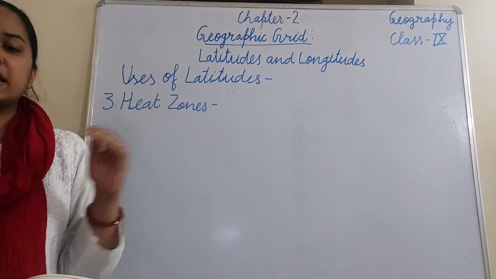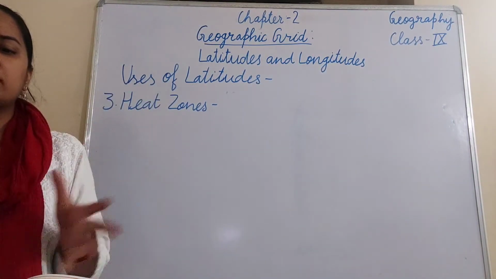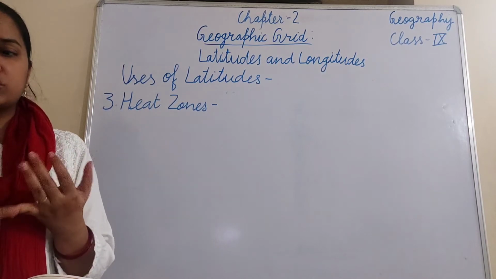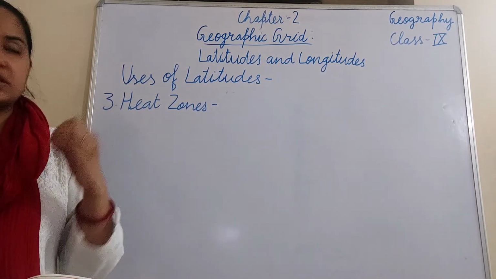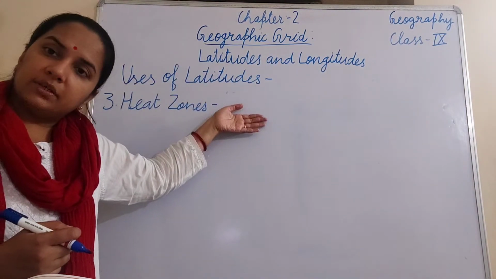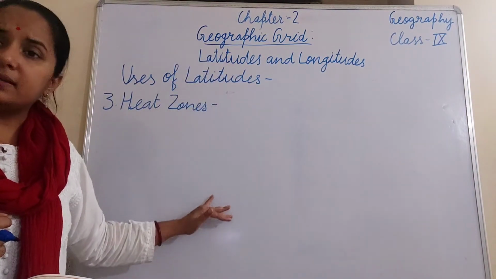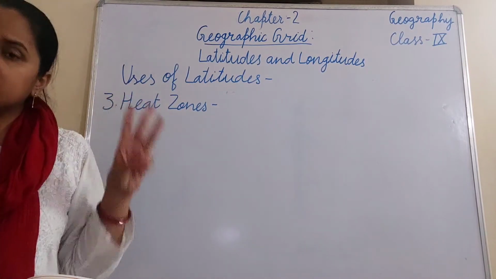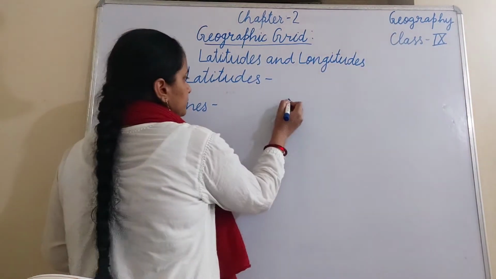So the latitudes enable us to divide the whole Earth into climatic zones. Now, what are the different climatic zones? Again, we will have the climatic zones in the northern hemisphere and the southern hemisphere. So, there are 3 climatic zones.